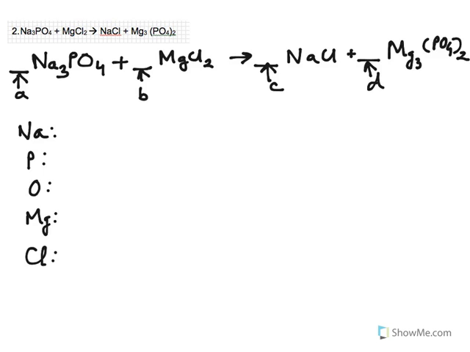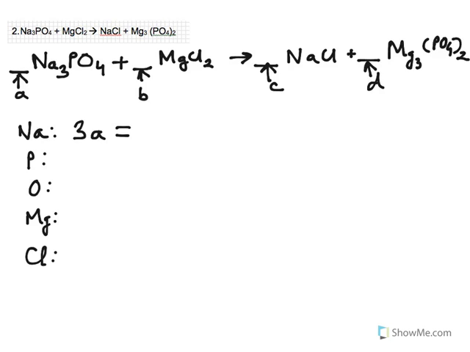Now that we have all the elements listed, we can form equations using the random variables. So for sodium, we have 3 sodium on the left side of the equation with Na3PO4, so we can say we have 3A. This will be equal to the sodium on the right side.